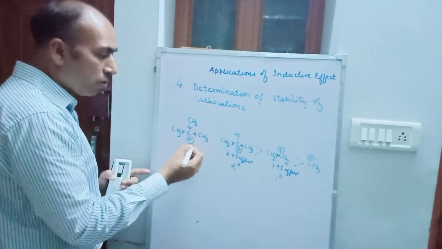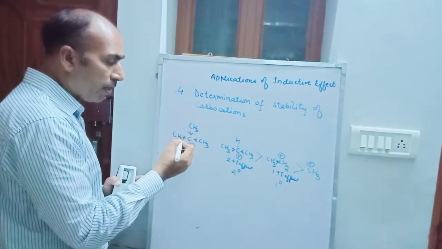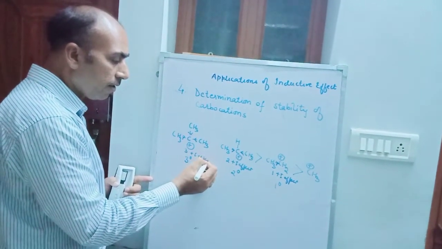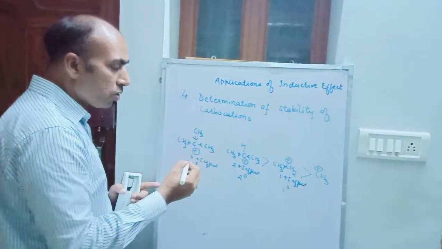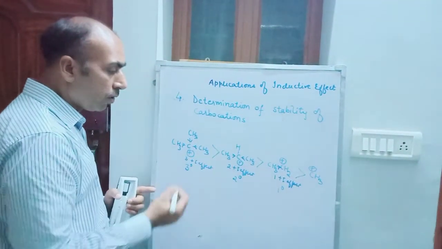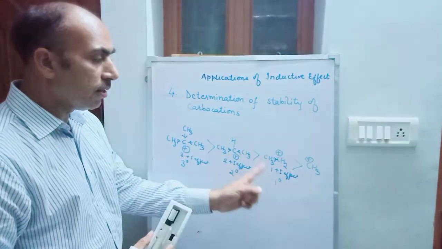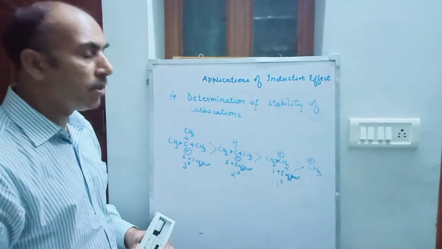And here the positive charge density is more effectively being decreased by 3 plus I effect exerting methyl groups, so this is most stable. So tertiary carbocation is most stable, then lesser than that is secondary, then primary, and least is methyl carbocation.